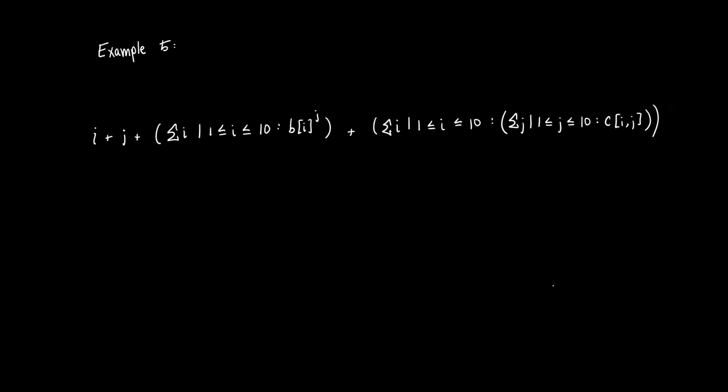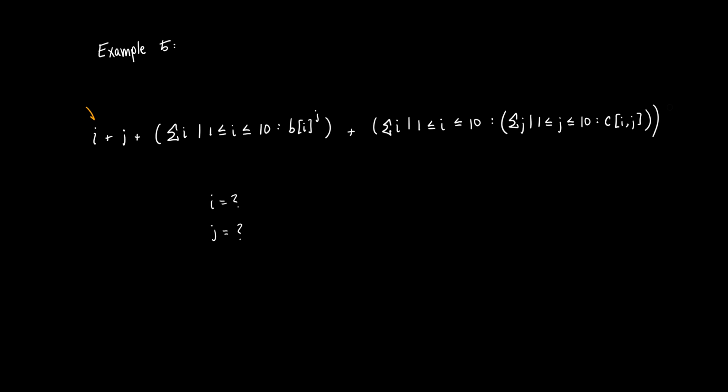All right, so for the last example, we can look at something relatively large and complicated, like this expression here. Let's take a look at all of the different occurrences of i and of j, and let's try to determine whether or not they are free or bound. We can just go left to right.